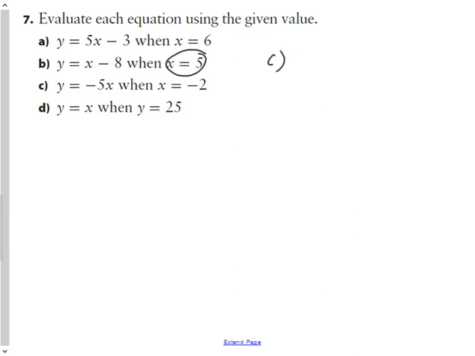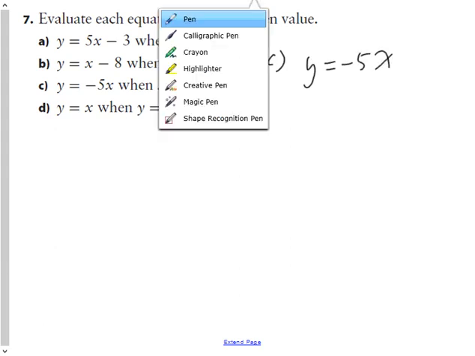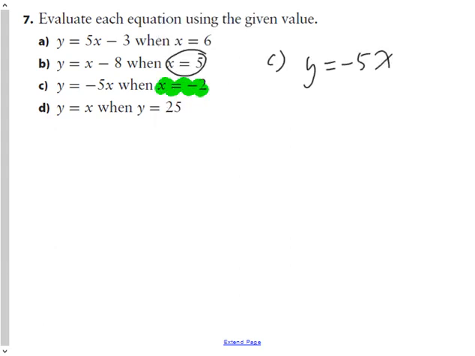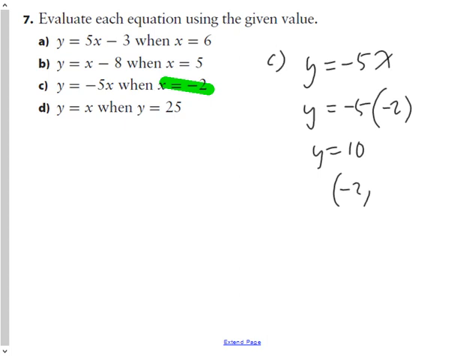In C, y equals negative 5x, and here our x equals negative 2. I'm going to delete this. So I'm going to take my equation, y equals negative 5 multiplied by x, or this time by negative 2, and y will equal 10. So therefore my x value is negative 2, my y value is positive 10.